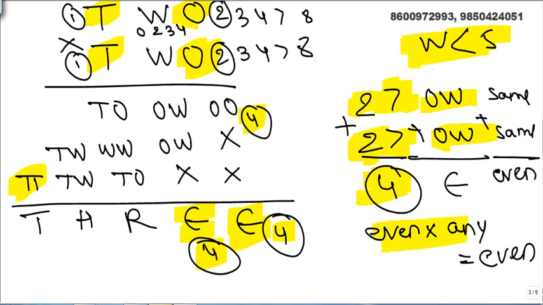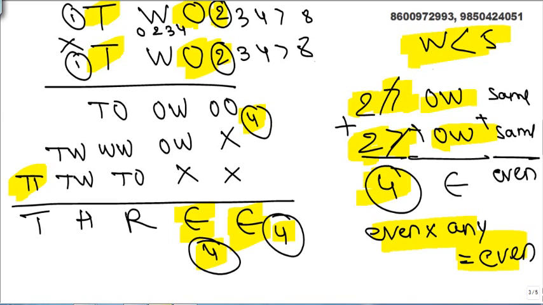What do I mean by that? If 2 is even, W is less than 5, 0, 2, 3 or 4, T is already 1. Even into anything can never come 7. We need 4 here, 7 plus 7 or 2 plus 2. 2 into anything will never be the odd number 7. So this is ruled out.